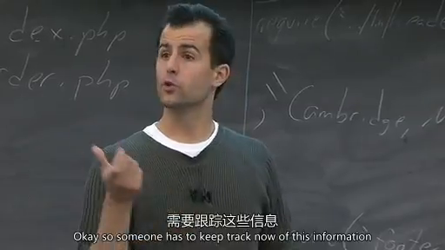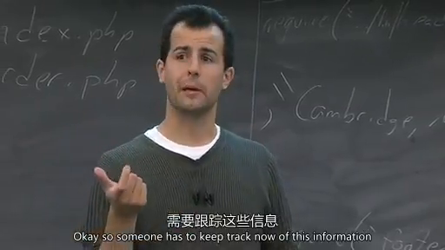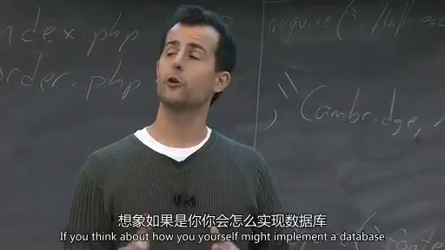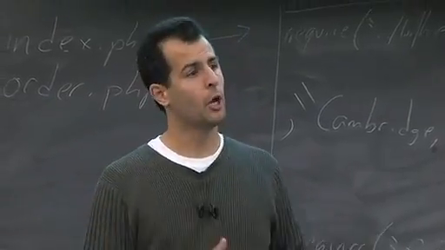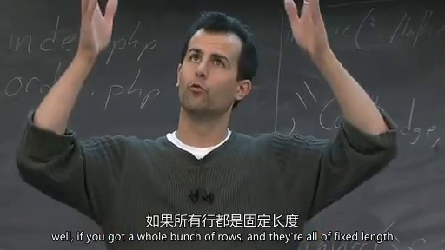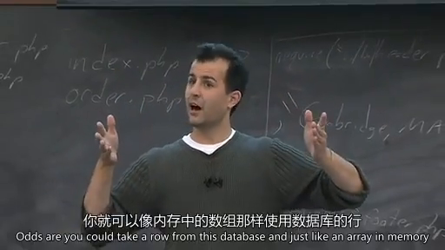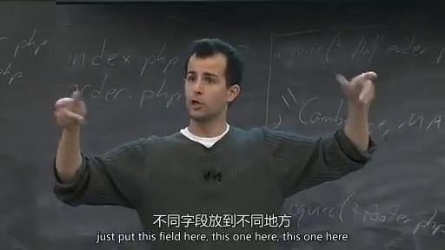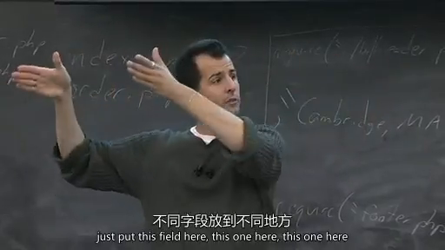Good. Okay, so someone has to keep track now of this information, and in fact, there's a performance opportunity here. If you think about how you yourself might implement a database, if you've got a whole bunch of rows and they're all a fixed length, odds are you could take a row and, just like an array in memory, put this field here, this one here, this one here.